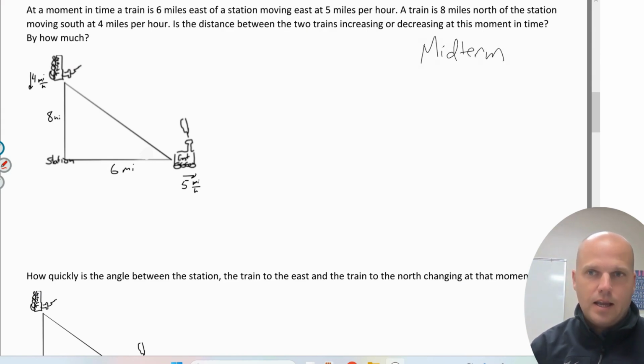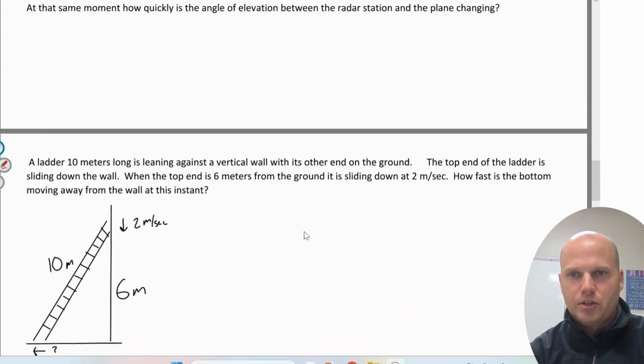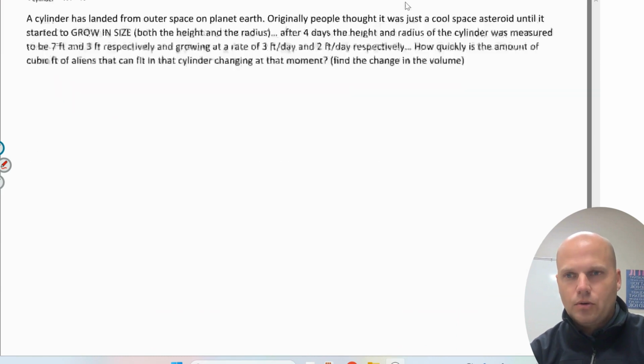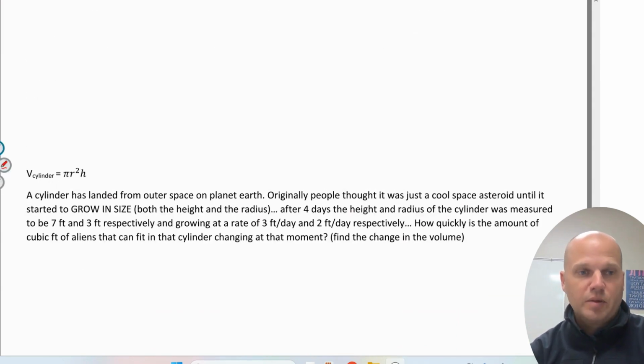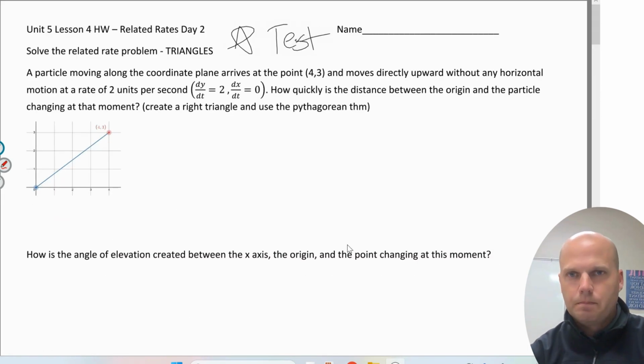There will be a train type problem or an angle type problem on your midterm. Also, like the last couple problems involving the product rule, you will see on your midterm. Okay.